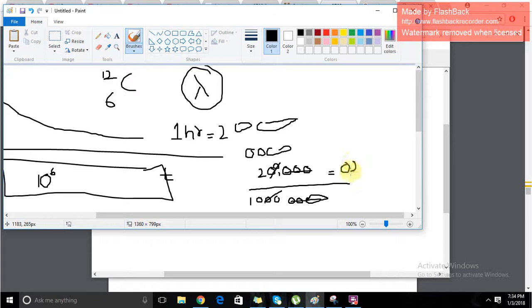And what do you get from that? You get that the probability of a particular nucleus in the sample decaying in a time interval of 1 hour is 0.2.